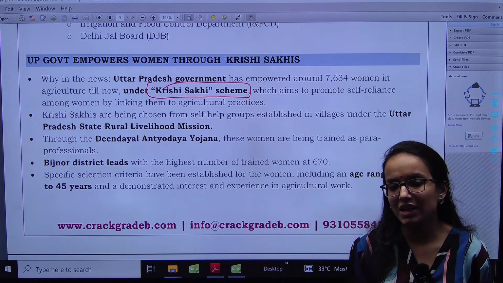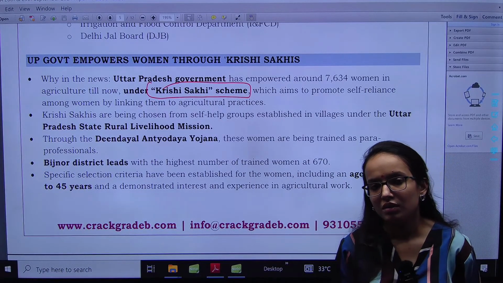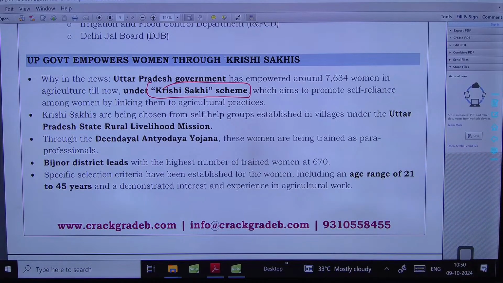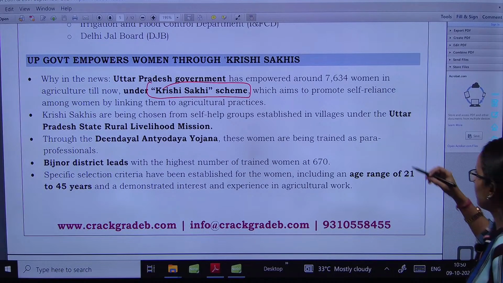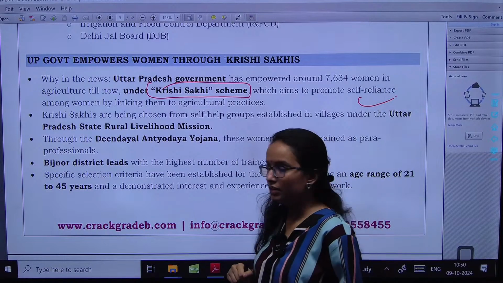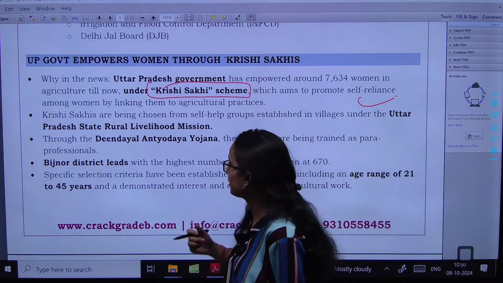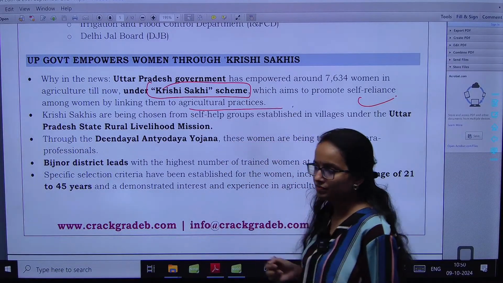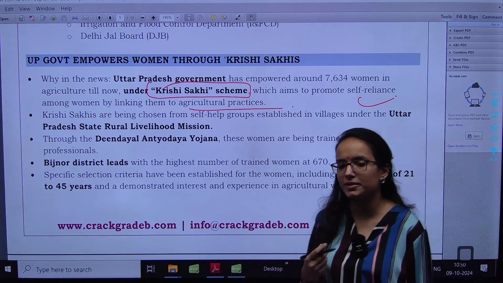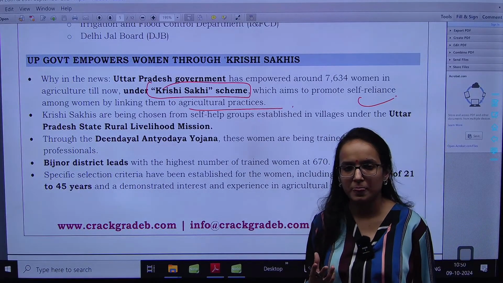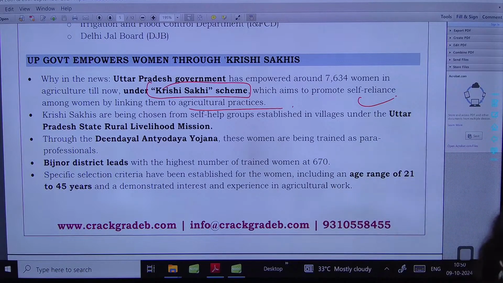It is a scheme which has been empowering the women, particularly engaged in agricultural activities, making them self-reliant, also linking them to agricultural activities, right? So this is there.